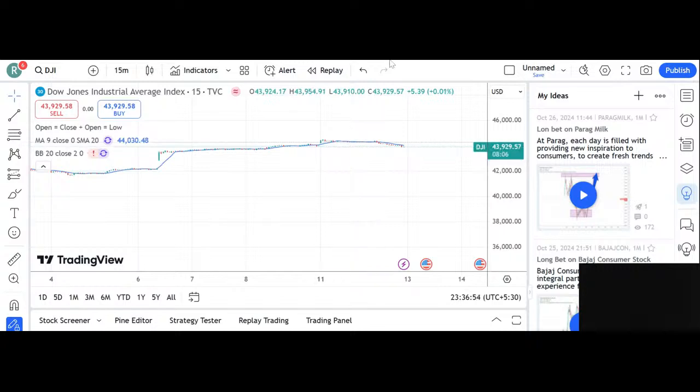But still, I would like to share my screen on investing.com. It will give a better picture. I will open investing.com and share that screen as well. So let me go to investing.com.